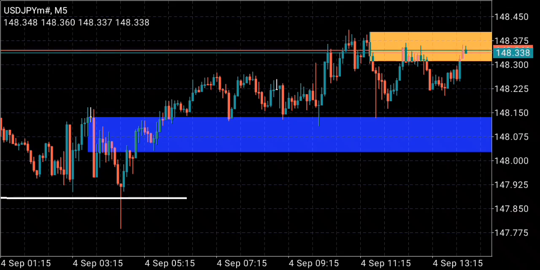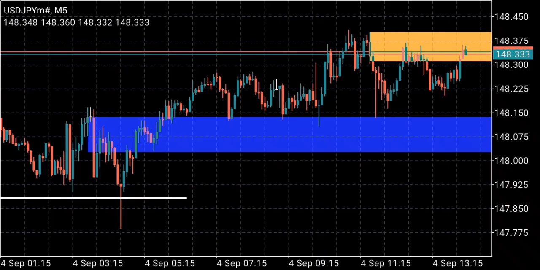We are somewhere in the middle of that orange shaded area.